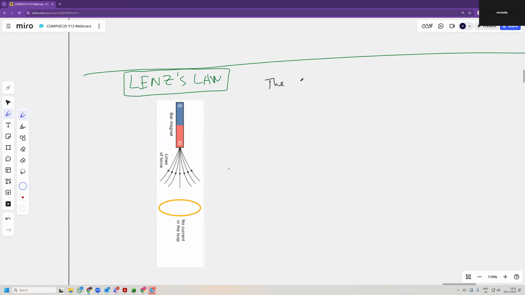The induced current will oppose the change of flux that induced the current in the first place.